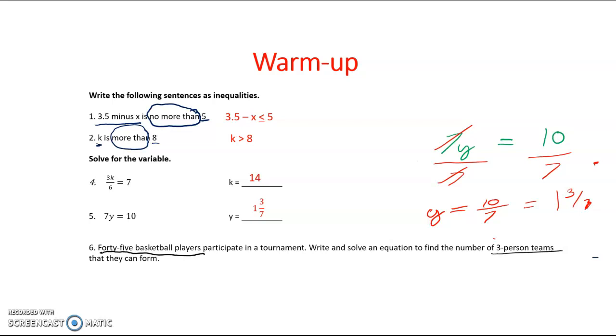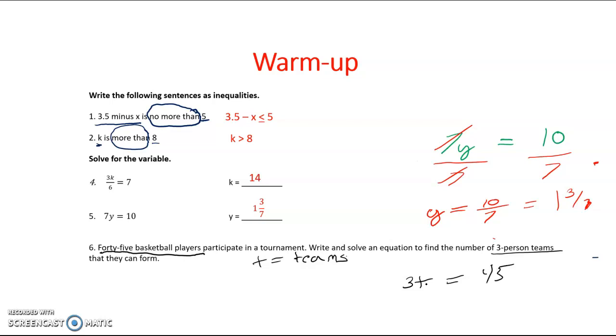So for the variable I'm going to use T for teams. All right. And so I know that with 3-person teams, so 3 players per team, 3T equals 45.